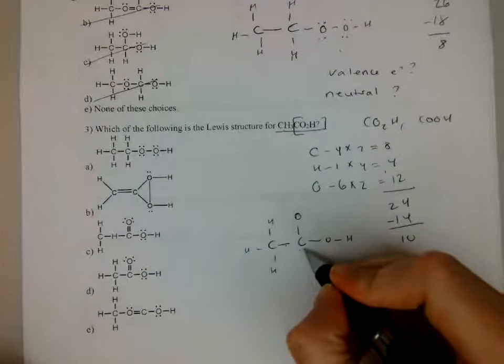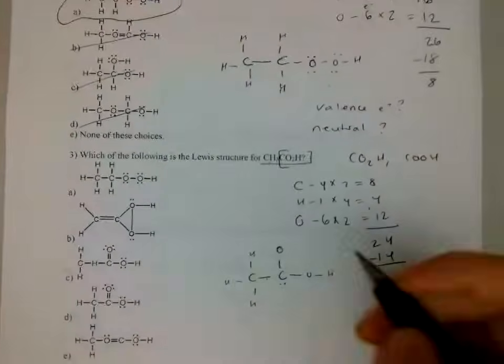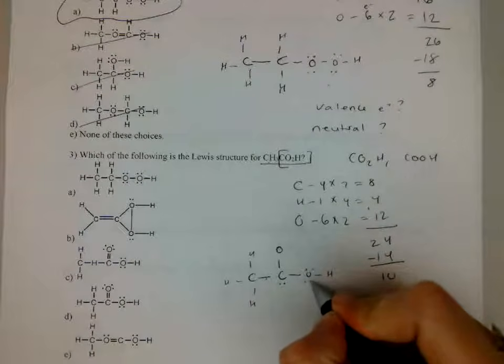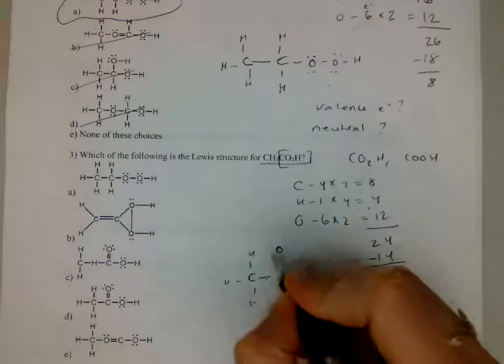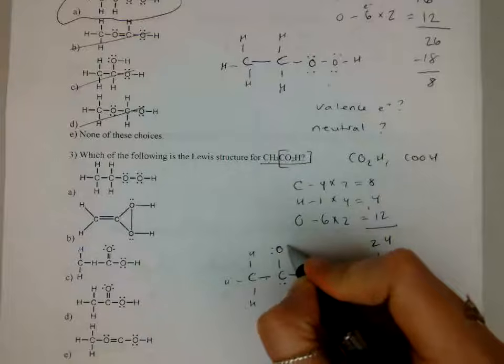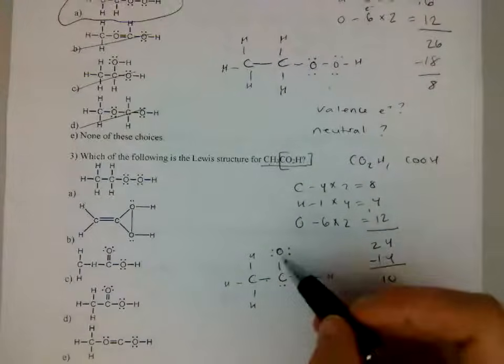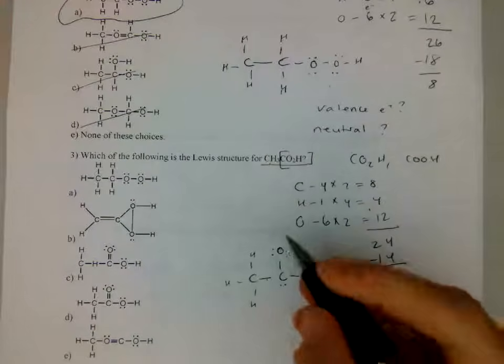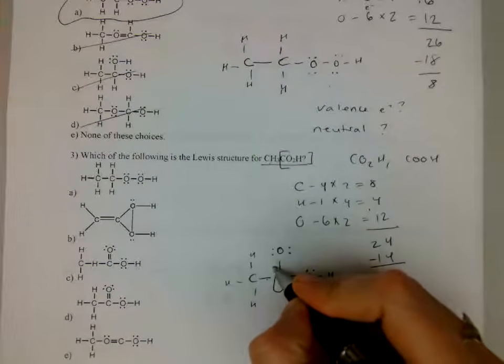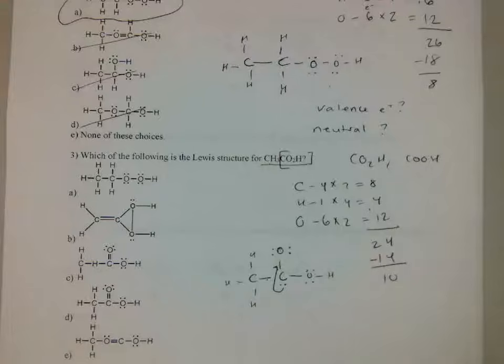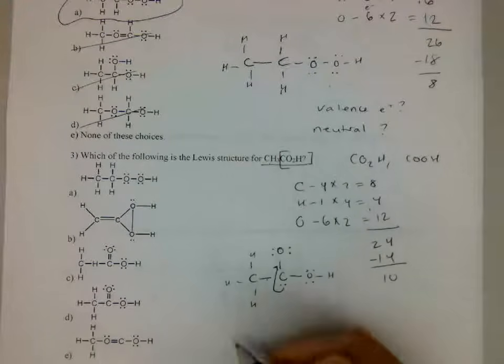So this carbon only has 3 bonds, so it should get a lone pair. This oxygen needs 2, 4, 6, 8, 10. So we've used up all of our electrons, but this one didn't get filled in. So what you can do is take these electrons and make a bond, and then instead it will look like this.